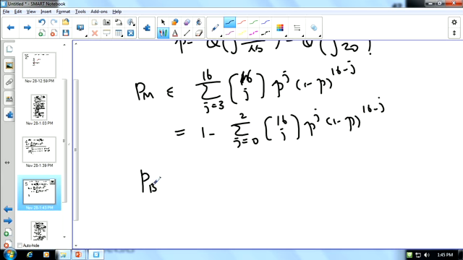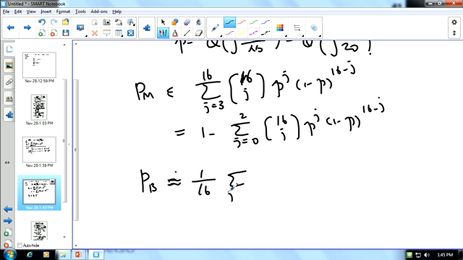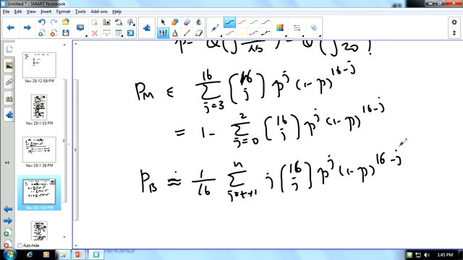And our bit error probability will be 1 over 16 times, based on our expression, the sum over j from t plus 1 to n of j times (16 choose j) p^j (1 minus p)^(16 minus j). Okay? For this one, we can still simplify it, but it's not that straightforward. So for this case, it's better just to write a MATLAB code to calculate it, right? Any question?